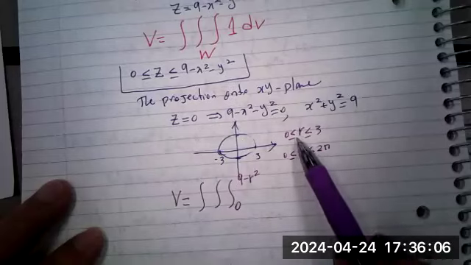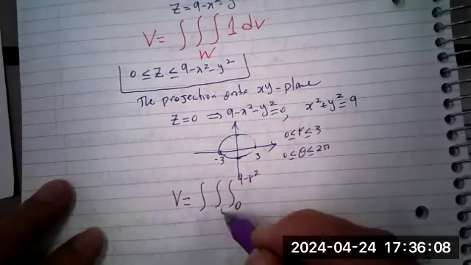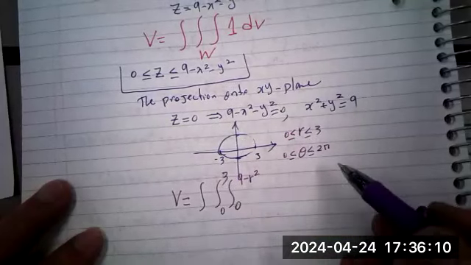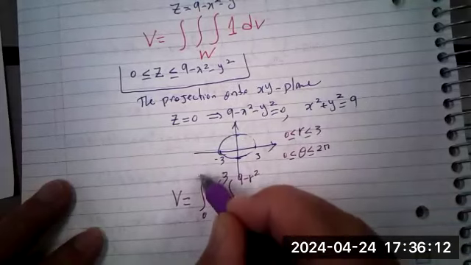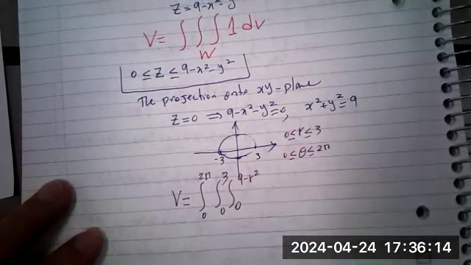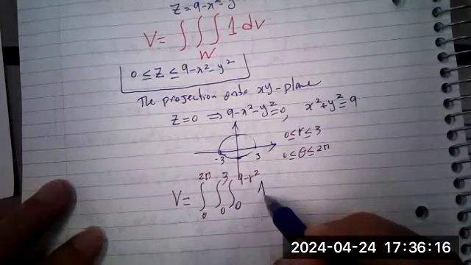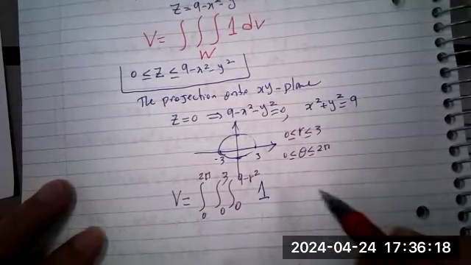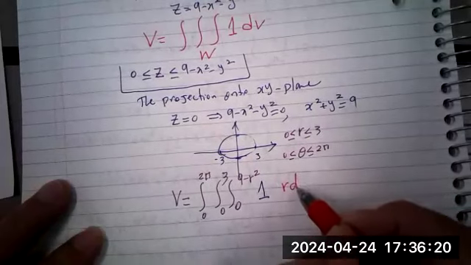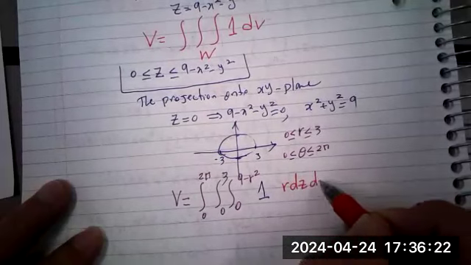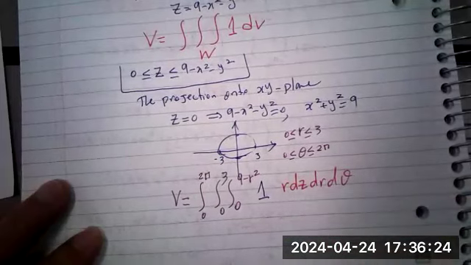Then in the middle, we get r, 0 to 3, and at the end, theta. The function is just 1. But remember the extra term, r, dz, dr, dθ. This is the way you find it.